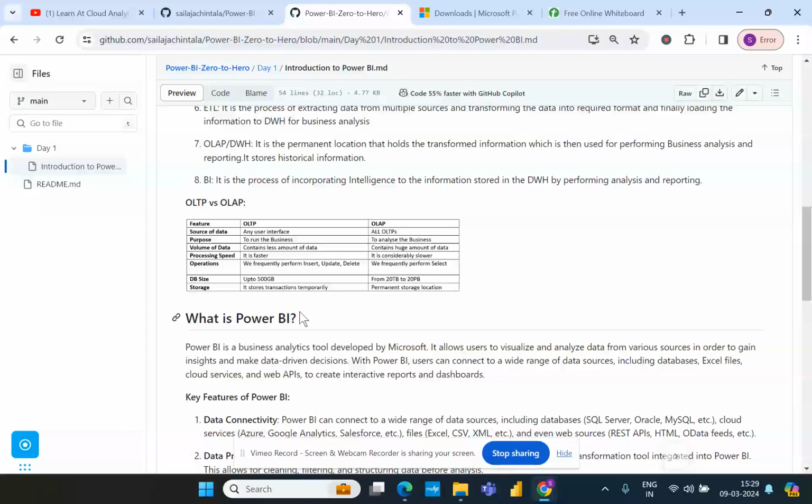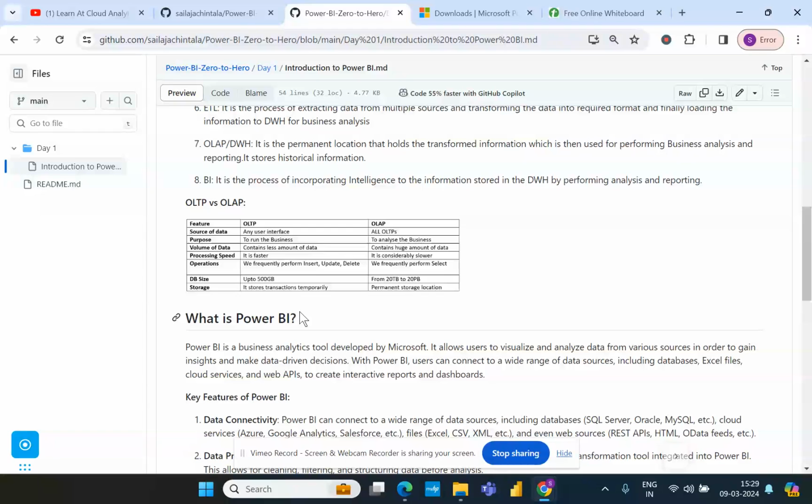So I wouldn't have access to the OLAP information, but only the business officials would have that access, and they usually perform a select operation. A select operation is used to analyze the business operations, right?